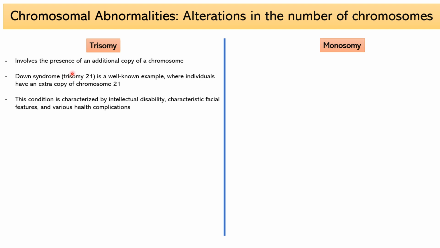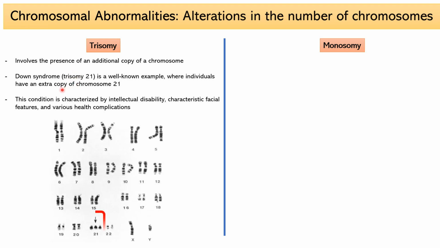The reason it's called trisomy 21 is that there's going to be an extra copy of chromosome 21, as we can see here. So instead of just having a pair of chromosomes, there are going to be 3 chromosomes in that pair.